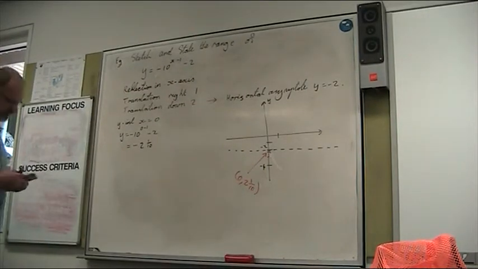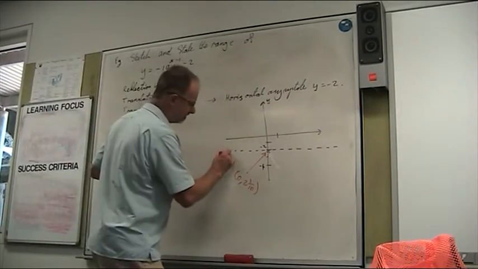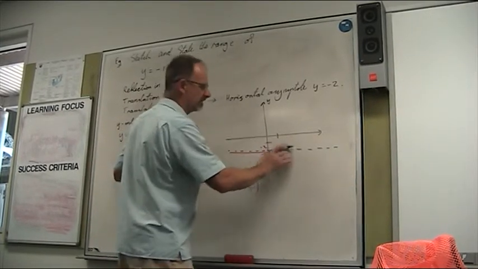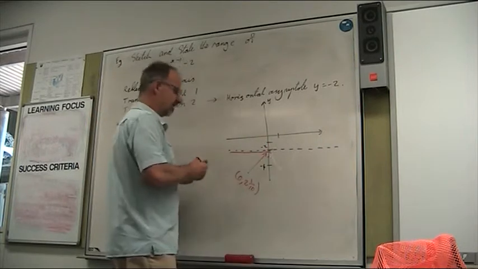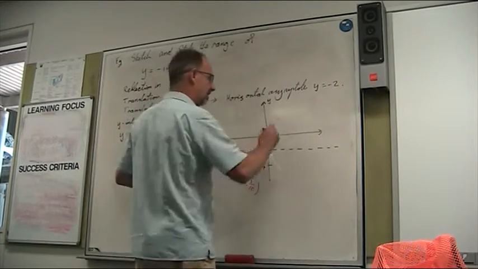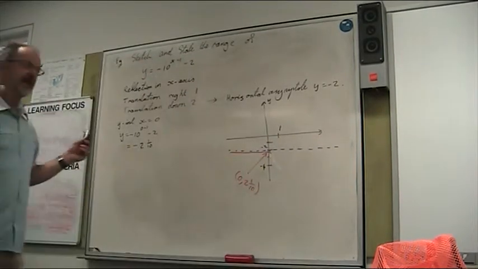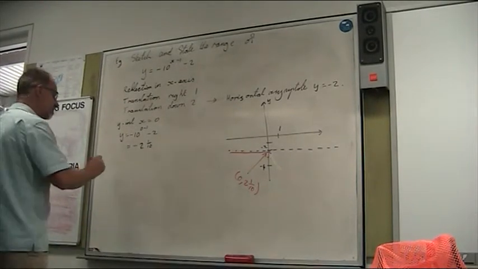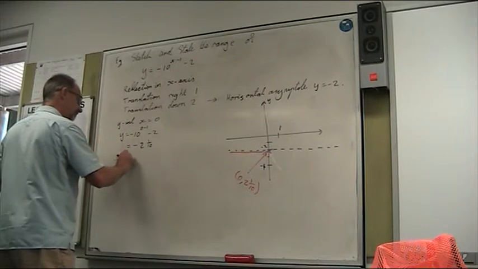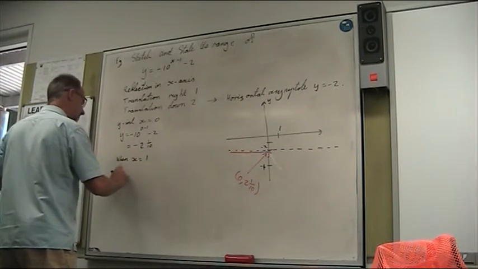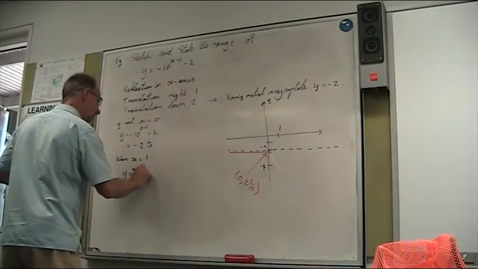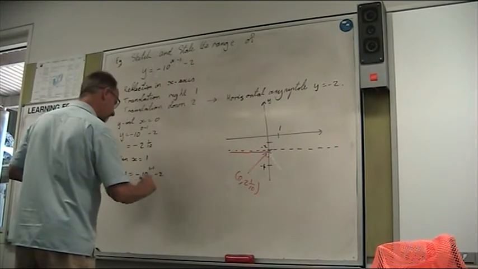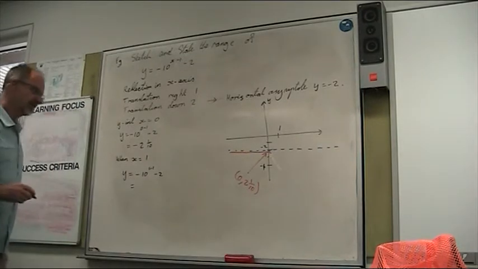All right, so it's going to curve around this way like so. Be nice to know whereabouts it goes here. So you choose an x value, and x equals 1 is a nice easy value to choose. So when x is equal to 1, y would be equal to negative 10 to the 1 minus 1, minus 2.